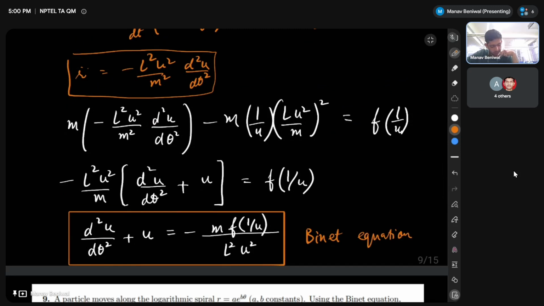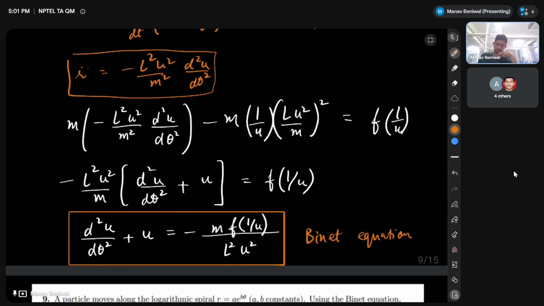Now in this equation, you can see there is no time dependence, right? So it is just u as a function of theta, right? So this is just the orbit shape, because u is nothing but 1 by r. So if we know how my force varies with 1 by u, which is nothing but r, I can easily find out how r varies with theta.